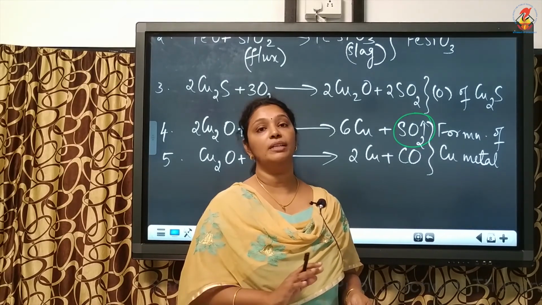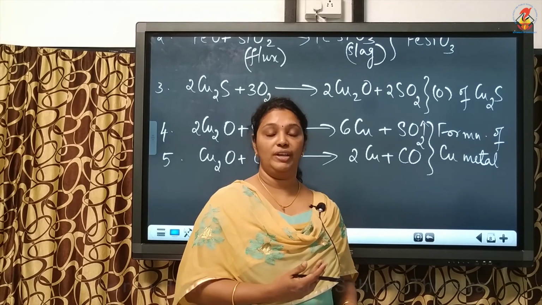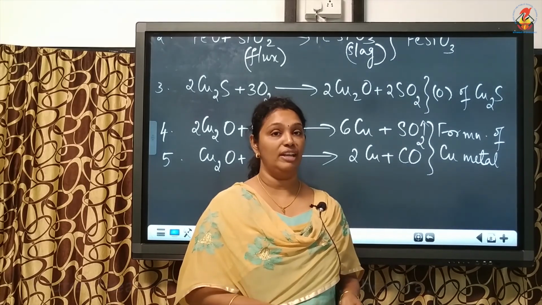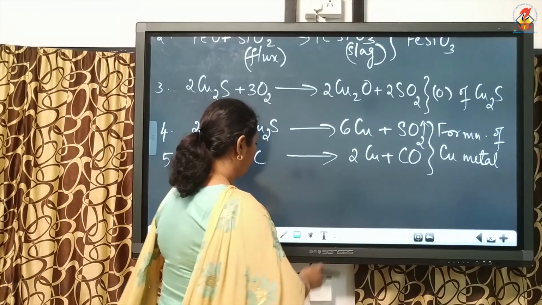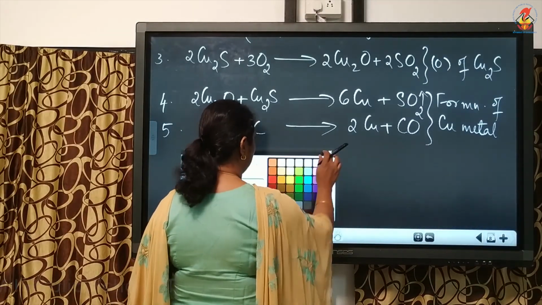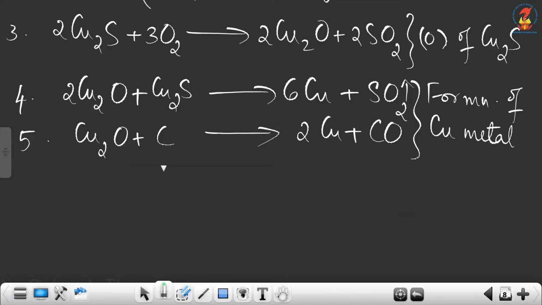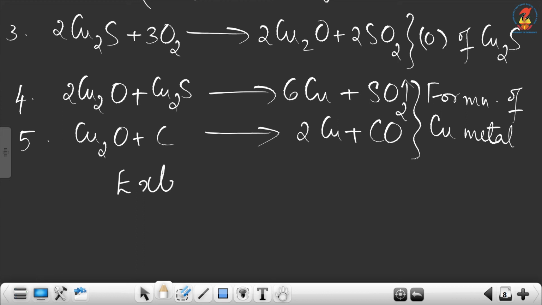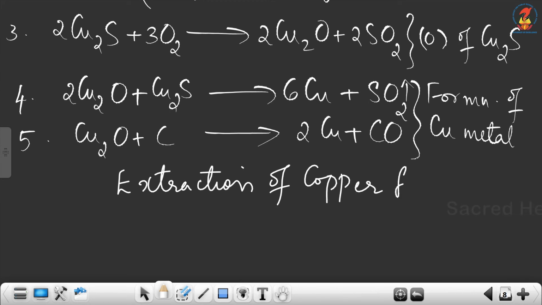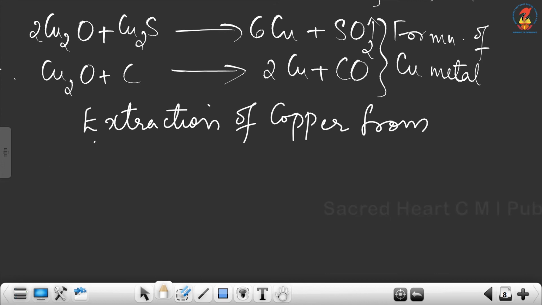Now the refining method used for the purification of copper is electrolytic refining, which we have already discussed. Now there is one more method for the preparation of copper, that is extraction of copper from low grade copper ores.